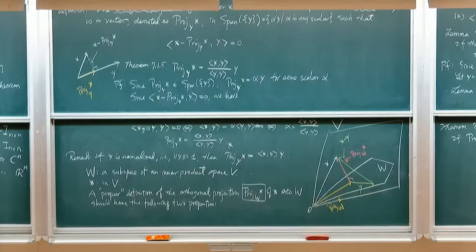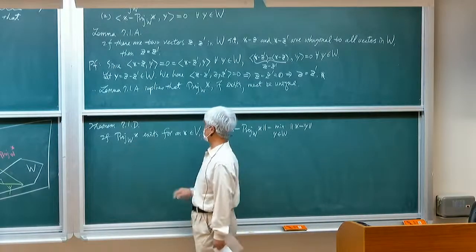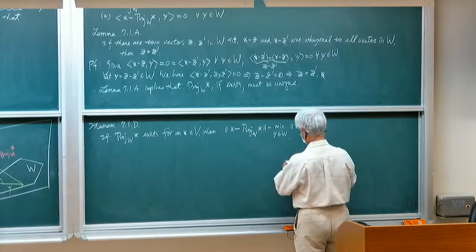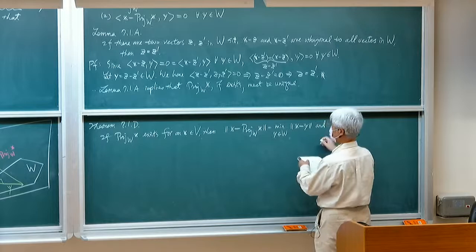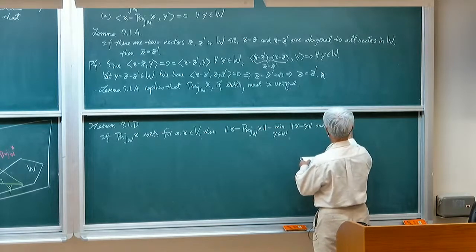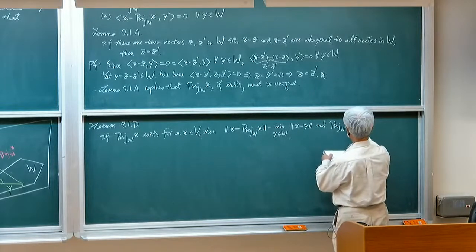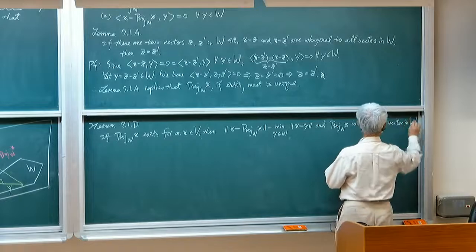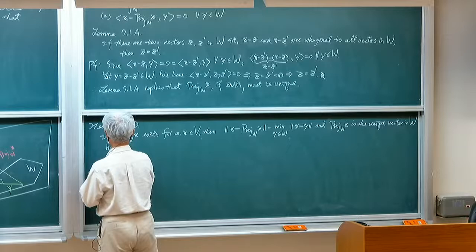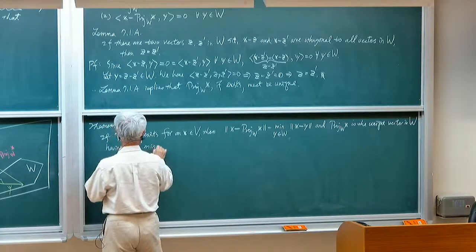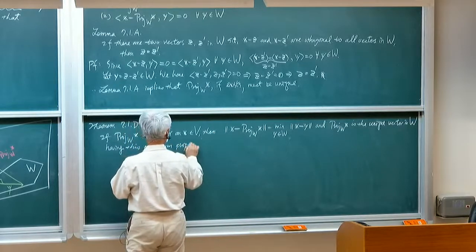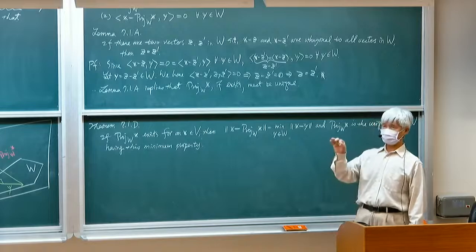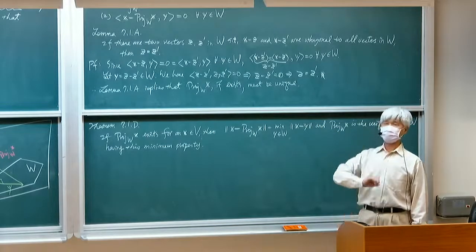So if the orthogonal projection of X onto a subspace W exists, then it has this minimum property, and the orthogonal projection of X onto W is the unique vector in W having this minimum property.